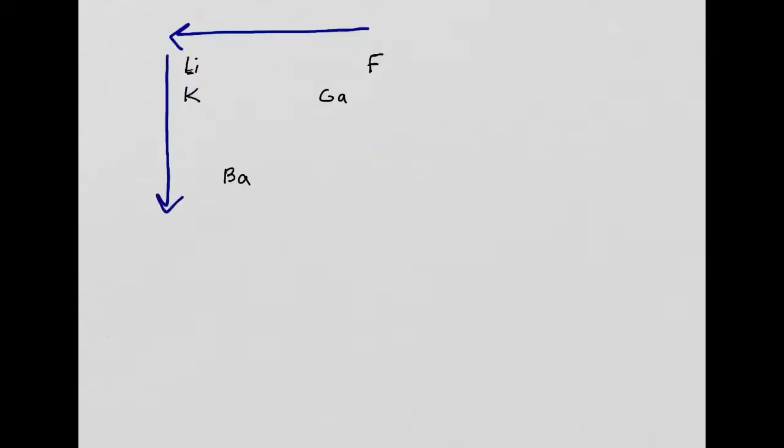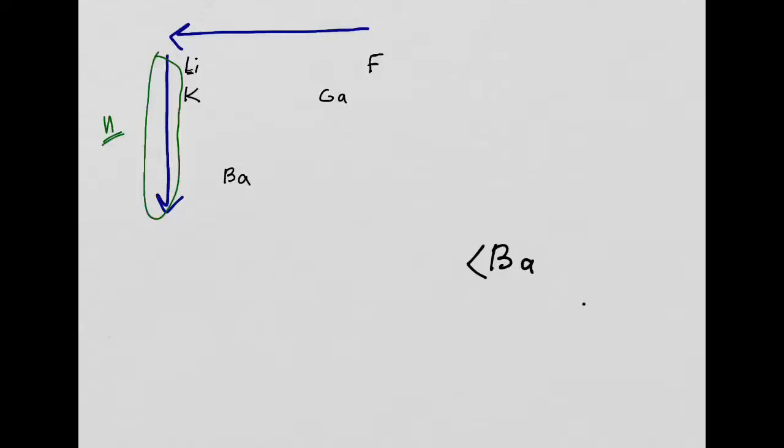Look at this first because the n values really matter. So based on that, my largest element is going to be barium. Do you guys agree? Okay, so barium is going to be the largest one.